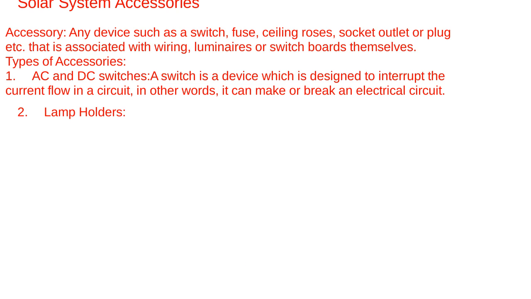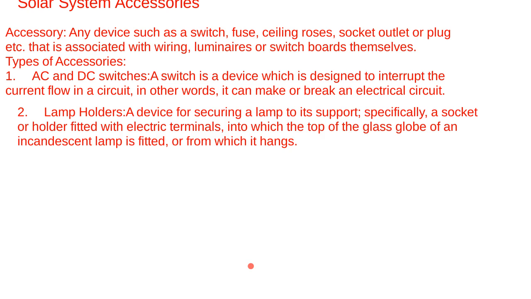So we all know what is a lamp holder. It is used to hold a lamp or a bulb into its place. So the general or the accepted definition of a lamp holder is a device for securing a lamp to its position or to its support, specifically a socket or holder, and is fitted with electrical terminals into which the top of the glass globe of an incandescent lamp is fitted or from which it hangs.